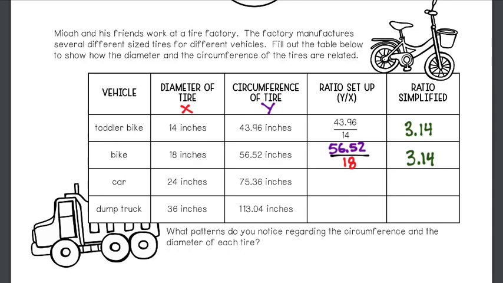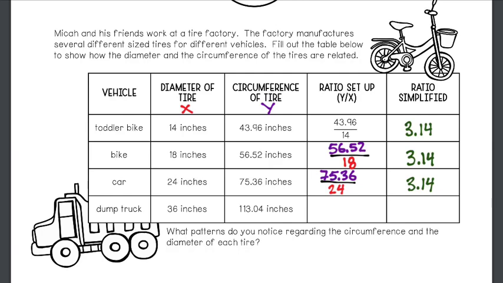And for the car tire, we have it being 75.36 inches in circumference, and the diameter of that tire is 24 inches. So I set up my problem, and when I divide by 24, you'll approximately get 3.14 again. And last but not least, we have a dump truck.